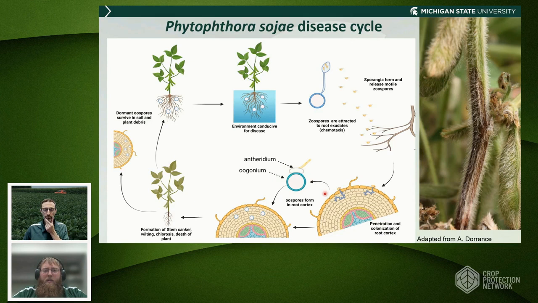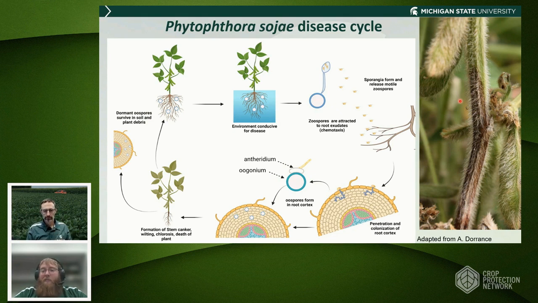And on the right is our diagnostic feature for Phytophthora stem and root rot. It's this nice chocolatey brown lesion that starts at the crown of the plant and works its way up, and it's very easy to diagnose in the field. Absolutely. So if we're trying to diagnose this in the field, we're looking for that initiating from the soil line and moving up, right? Right.